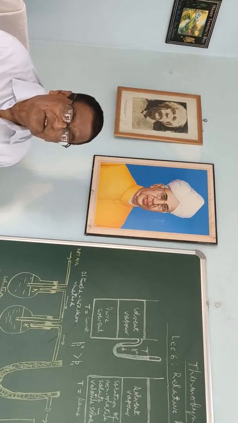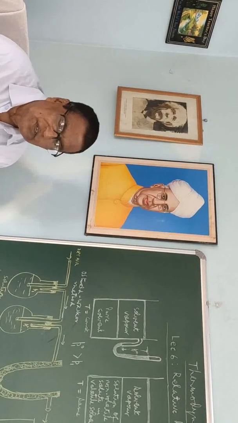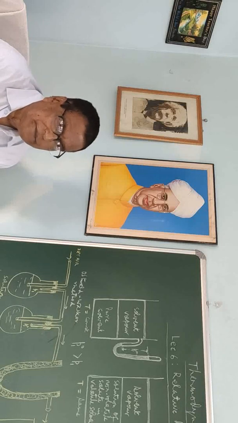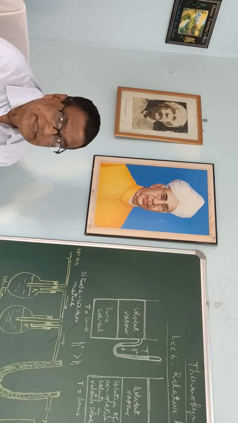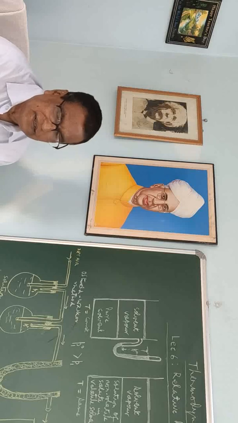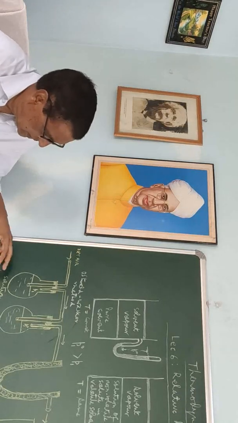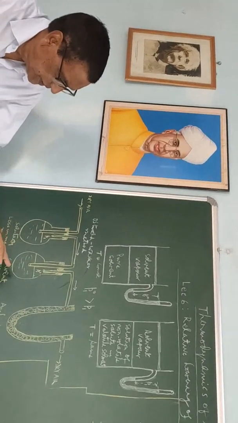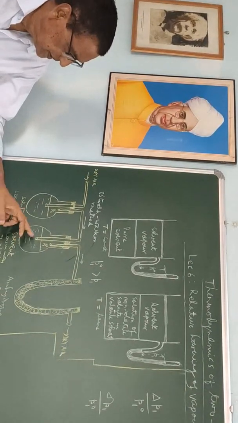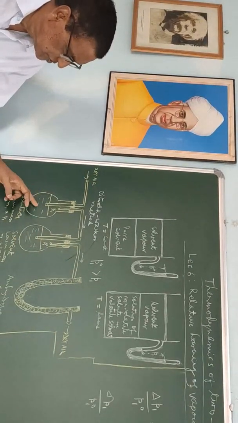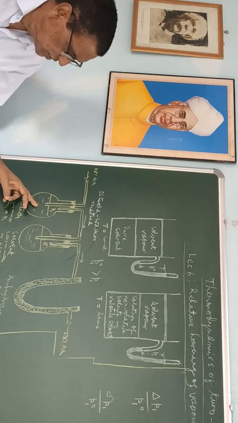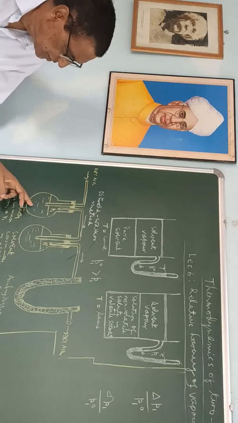Since its dielectric constant is very high, and not only that, water is easily available and very, very cheap. So here we have taken water as the solvent. Here the solution contains a non-volatile, non-electrolyte solute in water.